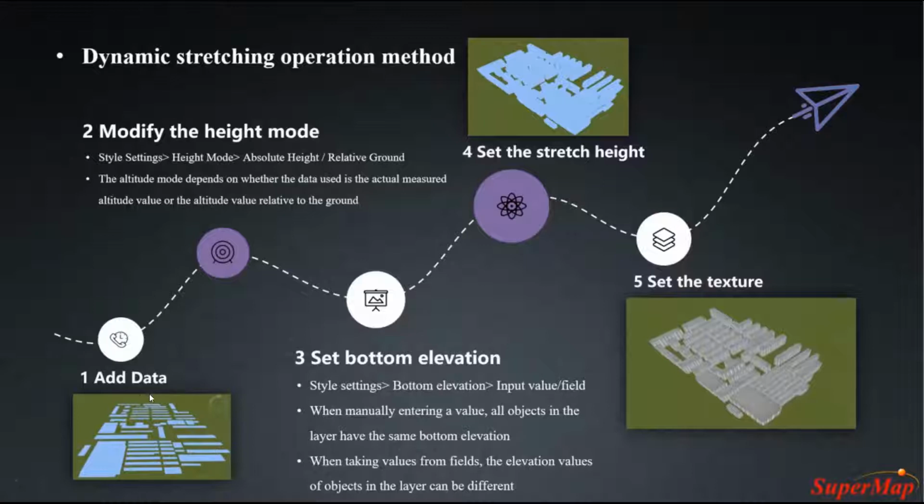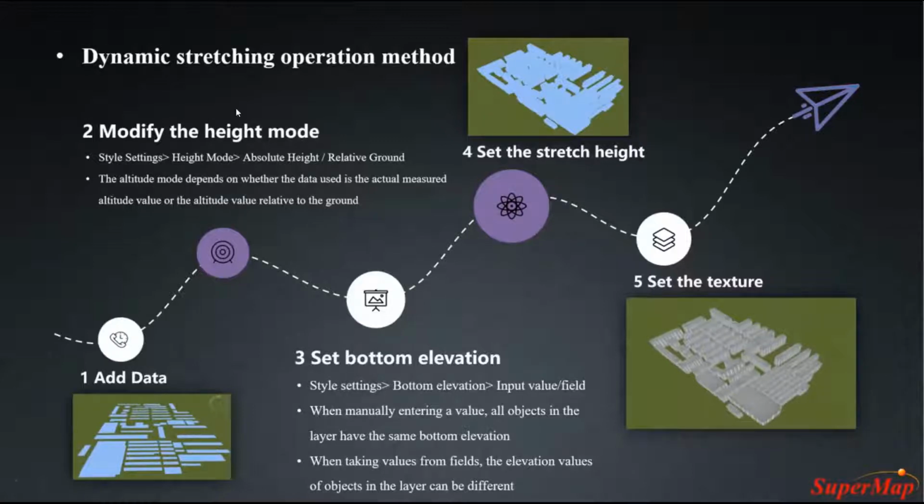So the first is to add the data that you have prepared. And secondly, to modify the height mode of the layer under the style settings menu. That is in the style settings, height, altitude mode, and to select its absolute height or the relative to the ground mode.